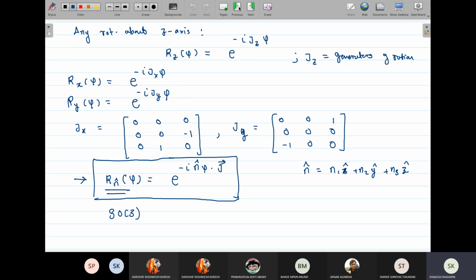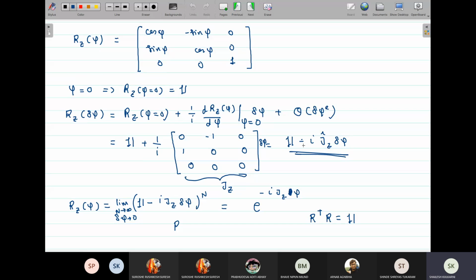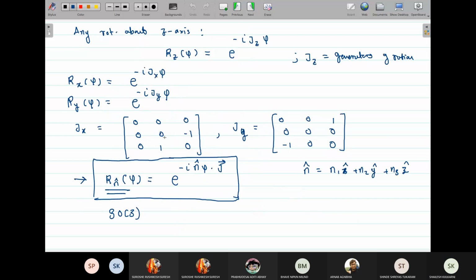In the case of rotation, you will see that there will be 3 independent matrices: Jz, Jx, Jy. These 3 matrices are linearly independent in the sense that no matrix can be written as a linear combination of the other 2.